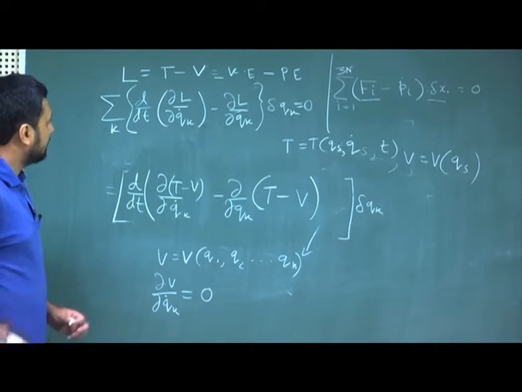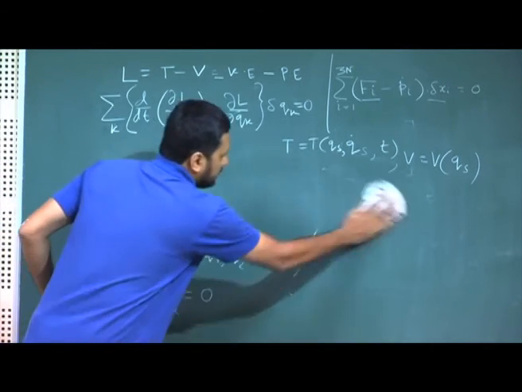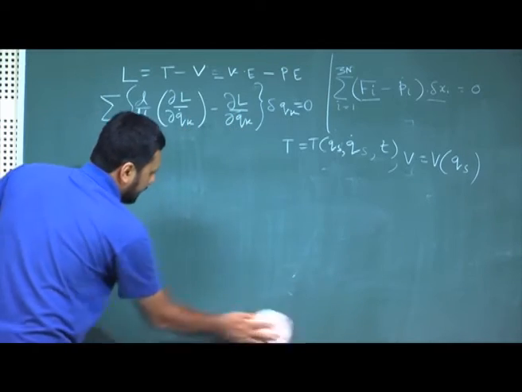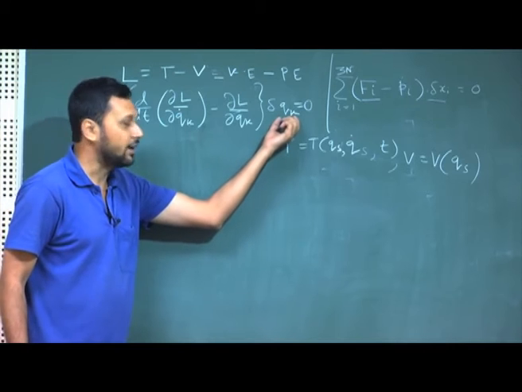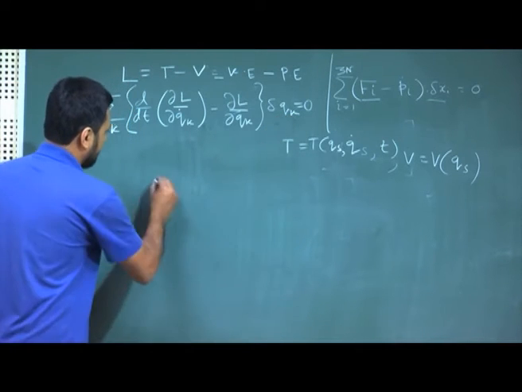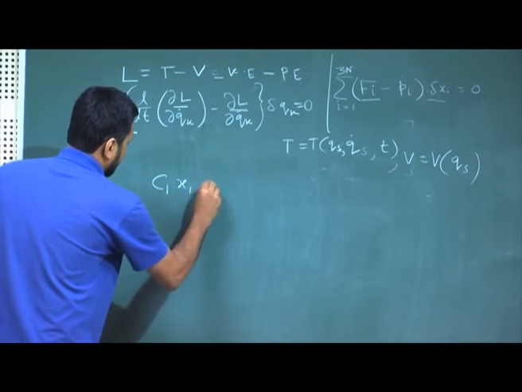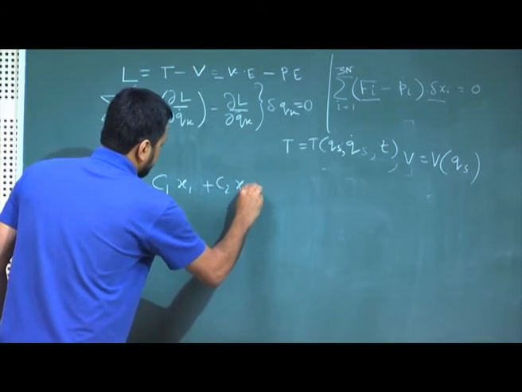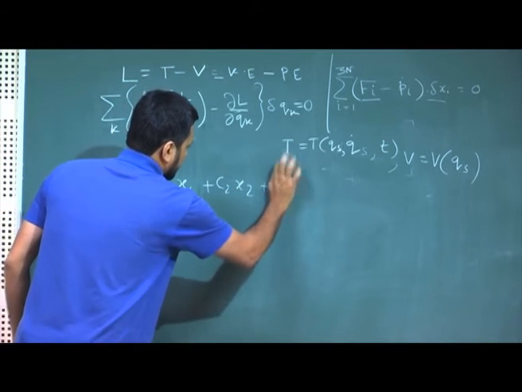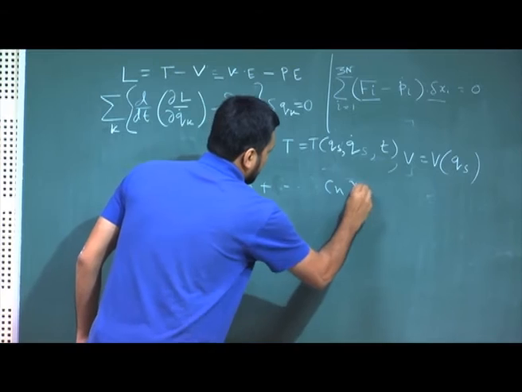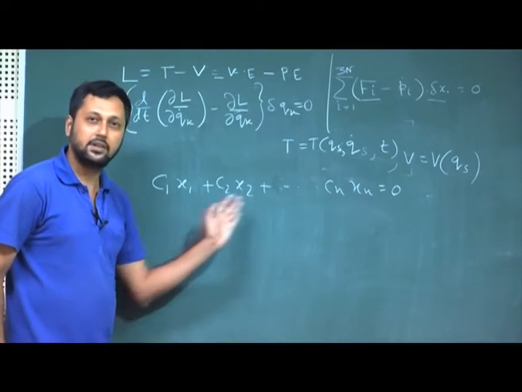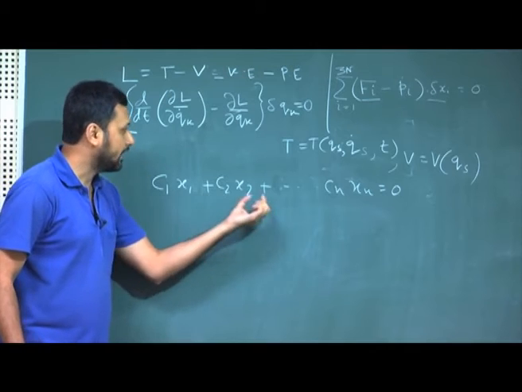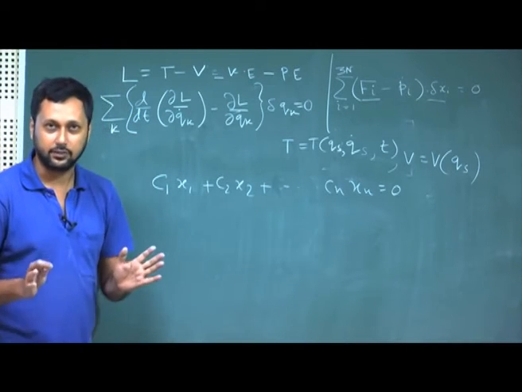Okay. So, this is the equation. Now, the beauty is we have reached a situation where, in this form, if I write C1, C2 and C3, all the coefficients vanish only if x1, x2, x3 are independent of each other.